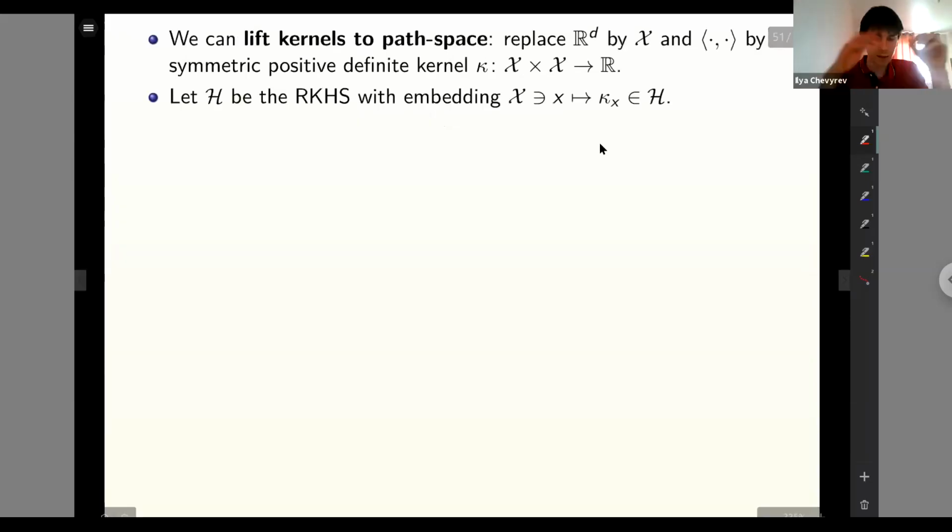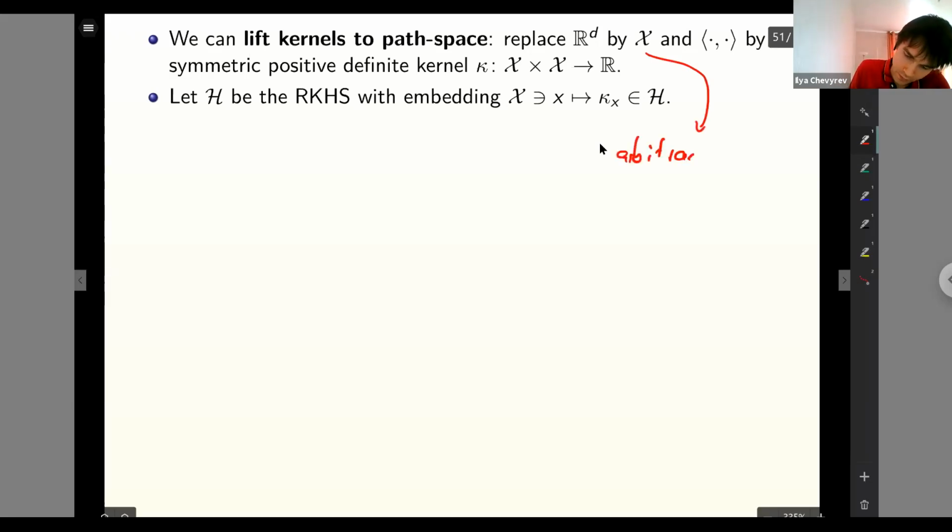Okay, so let me move up one level in complexity. The whole entire algorithm worked with these inner products between increments of paths. So an important remark is that if we're given some sort of positive definite kernel on our base space X, and remember, I want to emphasize X is an arbitrary set in which our time series takes values.